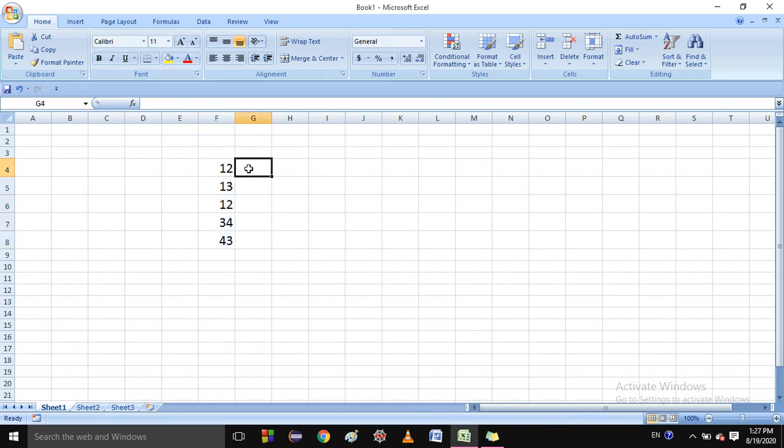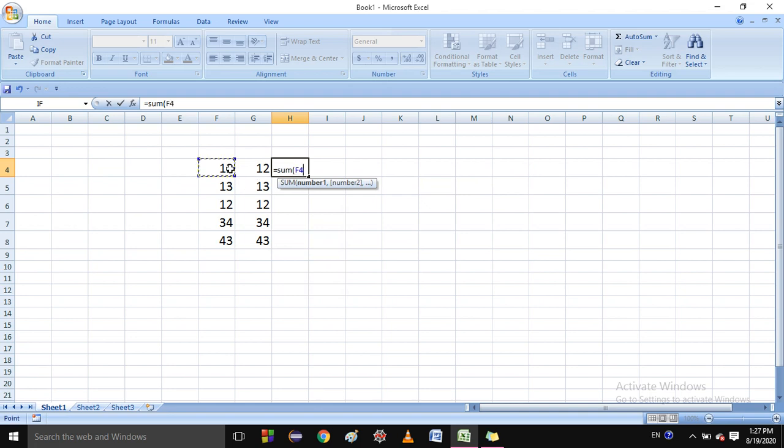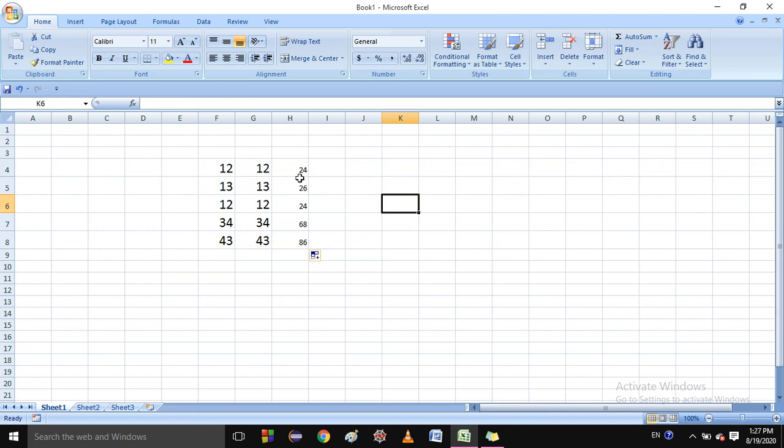Then I have another set of numbers, the same numbers, and I want the addition of these numbers. How will you apply the addition? Write sum equal to, then the range, colon, then the range, then press enter. Then you get the answer, and you just stretch it. You will get all the answers.